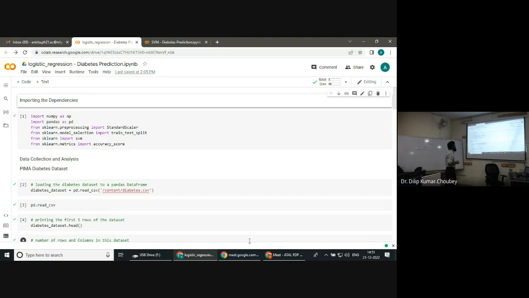So shall we start? Okay, so again we will start with importing the Python libraries like NumPy, Pandas, sklearn.